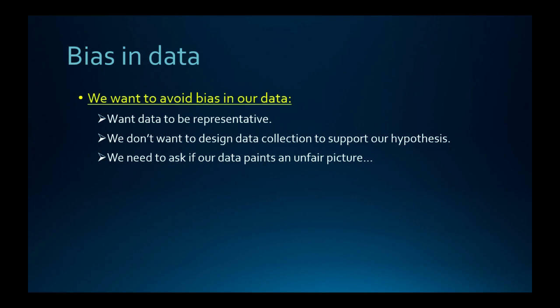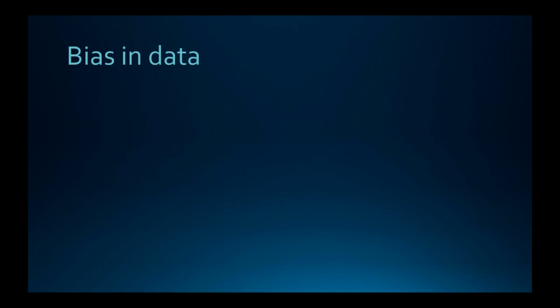So we need to ask if our data paints a fair or an unfair picture. We want our data to paint a fair picture and one that is accurate. So, does our data paint an unfair picture? Does it paint a picture that is inaccurate? Those are important questions.